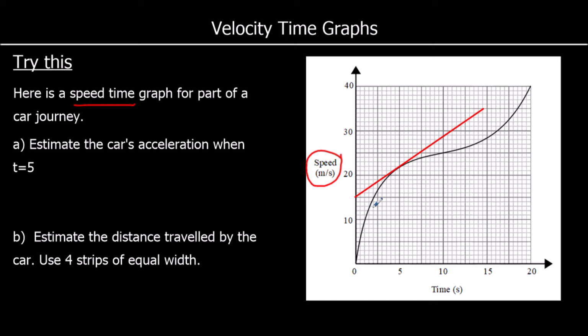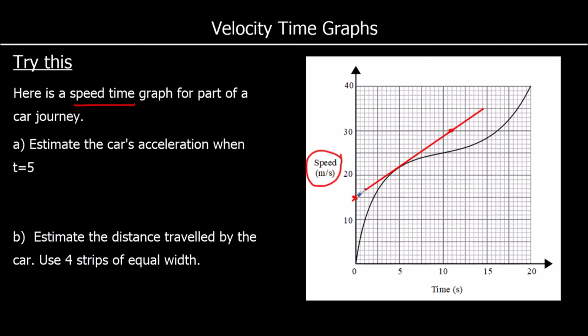So let's pick a good point or two good points. So we've got 0, 15. And where's a good point? It looks like we've got 11, 30. So the gradient is going to be the change in y, or the change in speed, over the change in x, or the change in time.